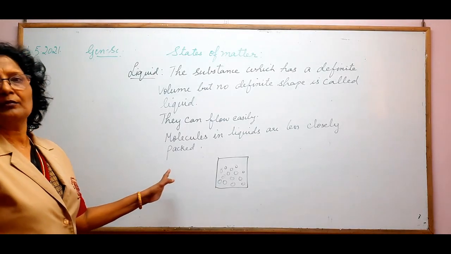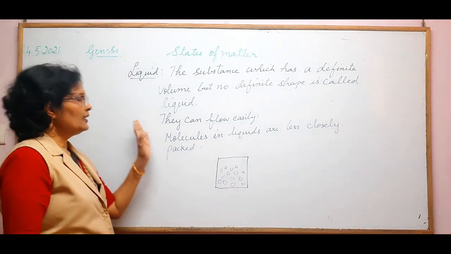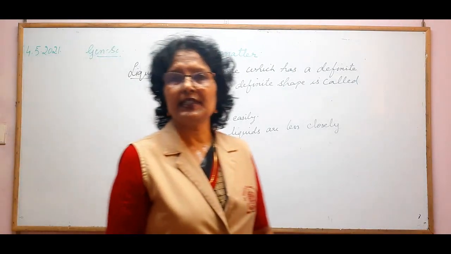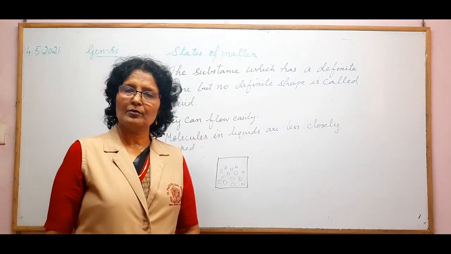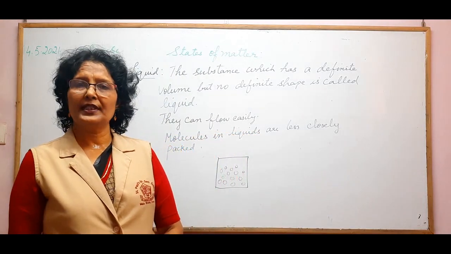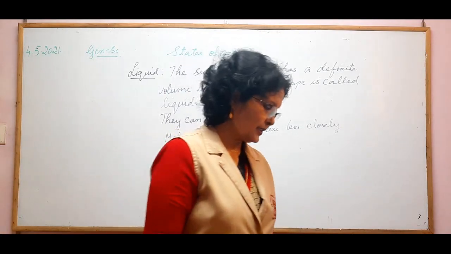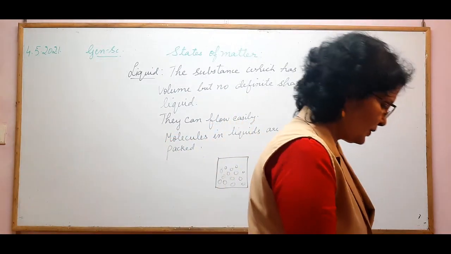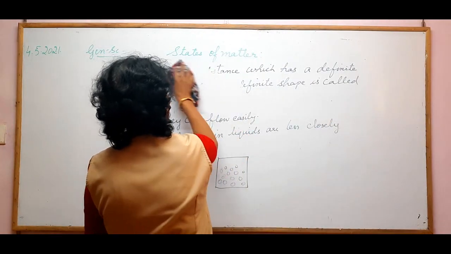The substance which has a definite volume, the liquid, flows easily. The force of attraction is less, the molecular arrangement is less closely packed. The molecules are less closely packed. Is that clear? So you just see the diagram of the molecular arrangement.